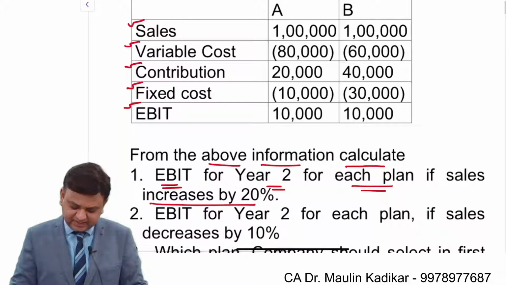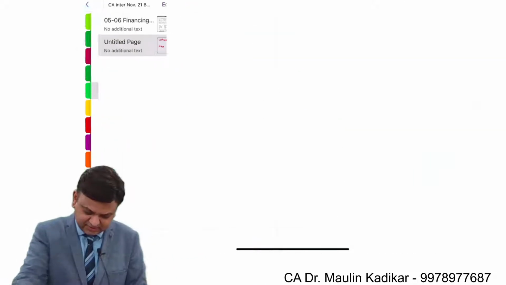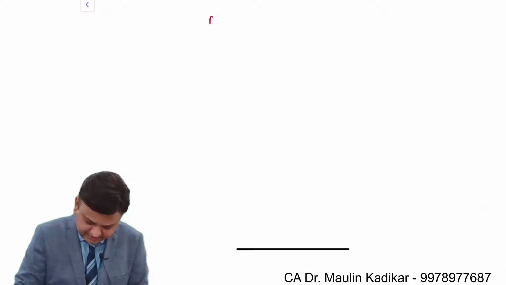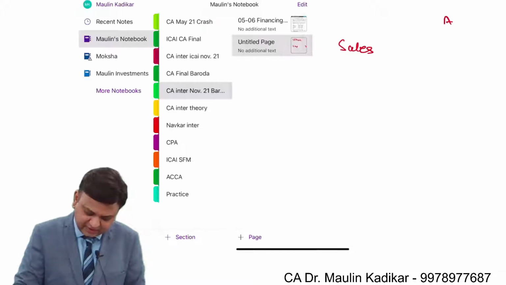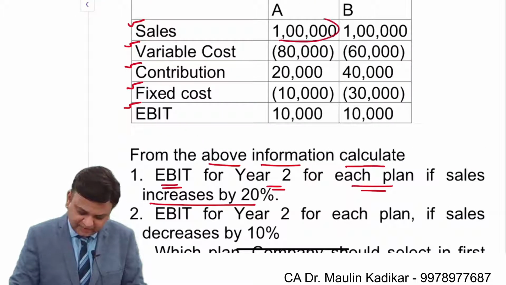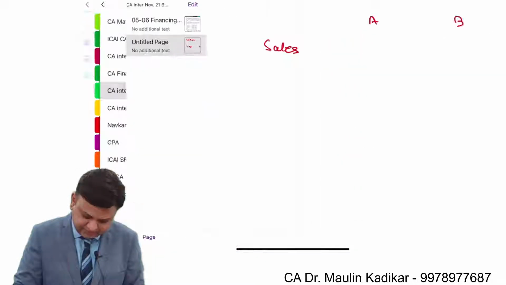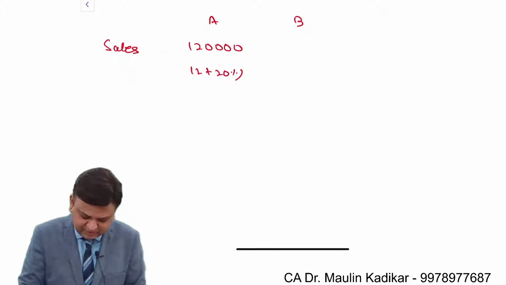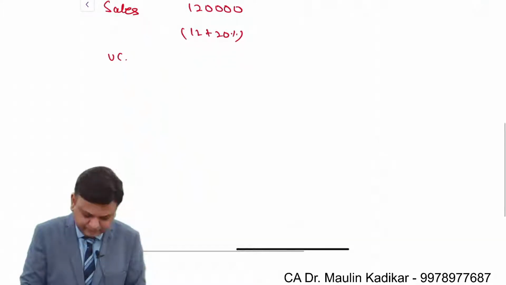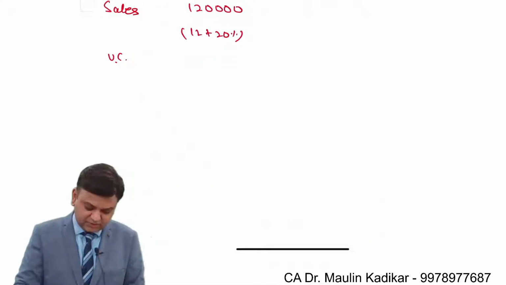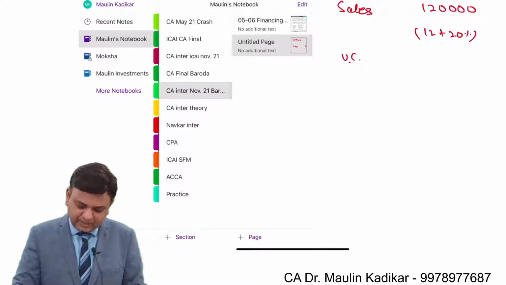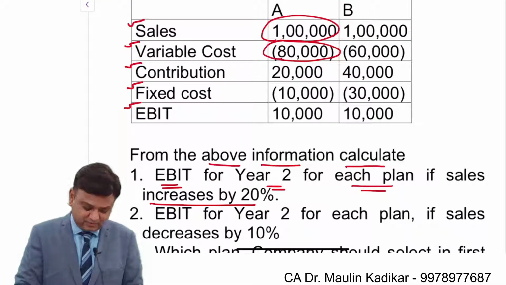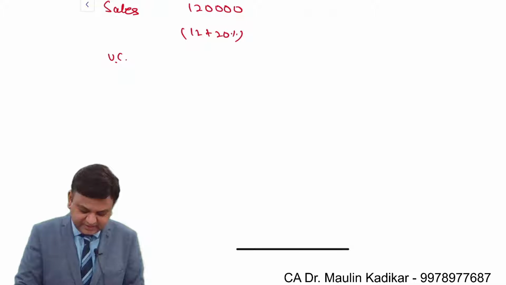So we understand that information is given to us like this: plan A, plan B, sales of the company from 1 lakh it will increase to 1,20,000. Why? Because the sales increases by 20%. Variable cost is 80,000 plus 20%, that comes to 96,000.